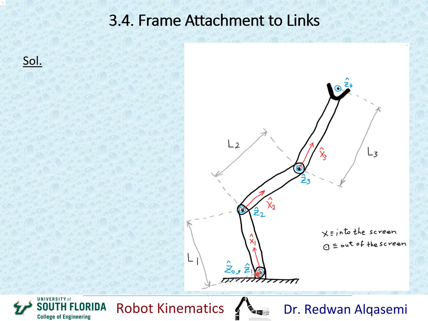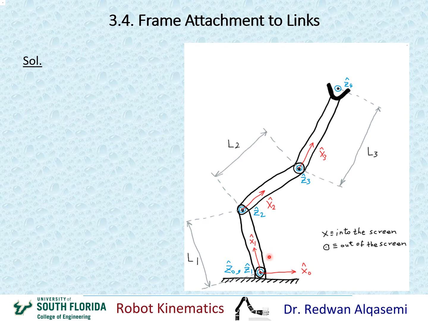So I'm going to assign my X0 to start right at this point and go in this direction, which is the direction where X1 would be whenever joint 1 is 0. Again, this could be arbitrary, but when we do it this way, we save ourselves some calculations and make frame assignments easier. So I'm going to go ahead and draw X0 here, starting from the frame 0 origin and going in the right direction.